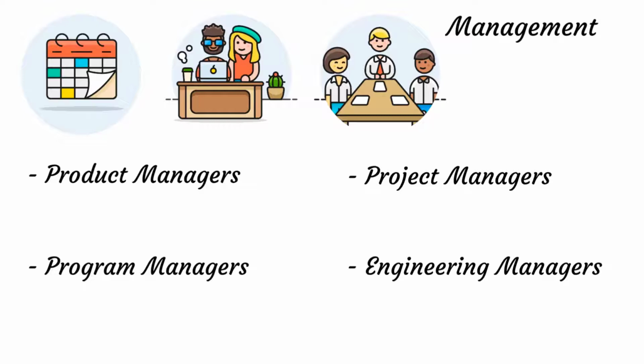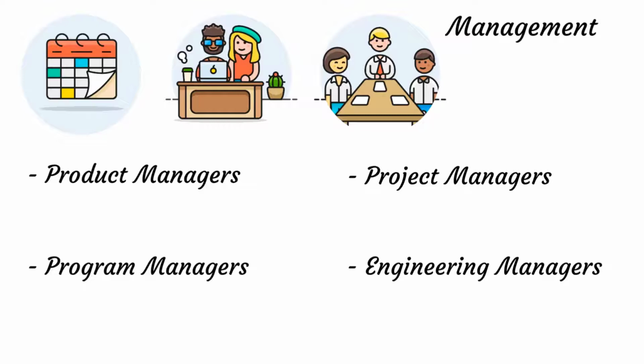So program managers are a little bit more high level in the sense that they take charge of multiple projects and need to talk about different projects at the same time, making sure that things are on track, keeping visibility to higher management about what's going on behind the scenes. And the responsibility, again, is a little bit broader in the sense that they're not focusing on a particular project.